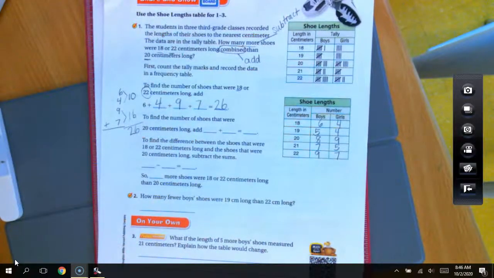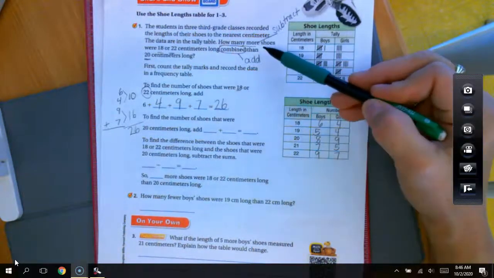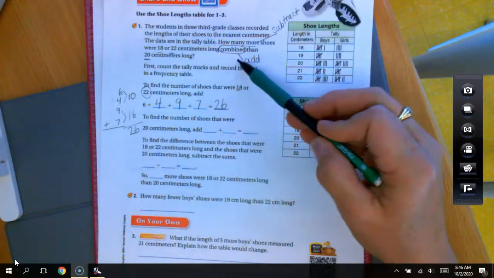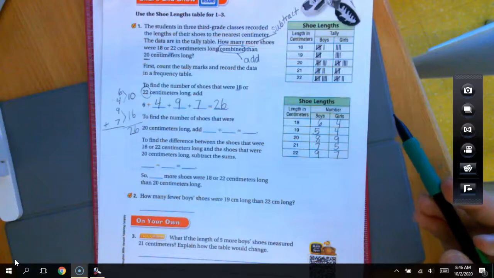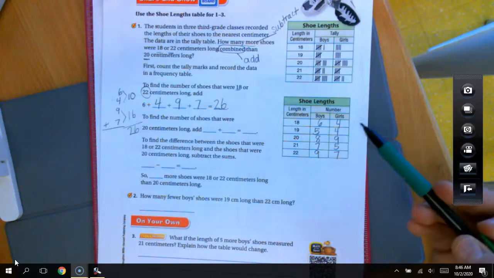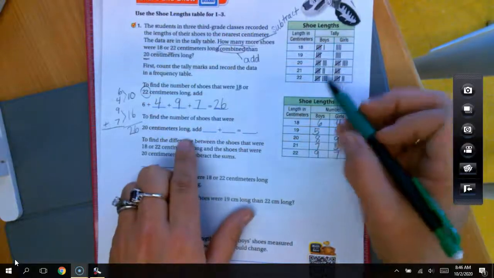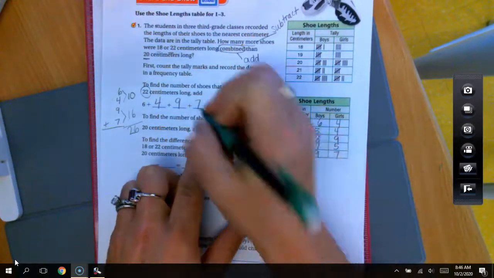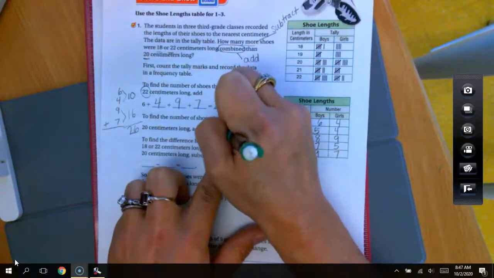Now we're not finished because this is a two-step problem. We didn't answer everything that they wanted us to know. It says how many more shoes were 18 or 22 centimeters long combined than 20 centimeters. Okay, so I need to find out about the 20 centimeters. So go over to your 20 centimeters. I have 8 for boys, and I have 9 for girls.